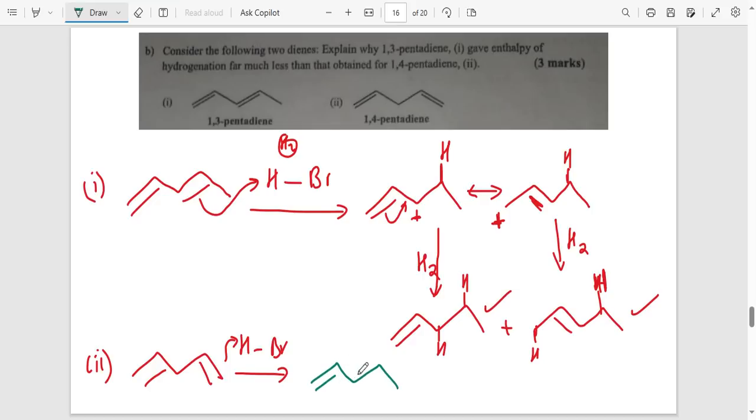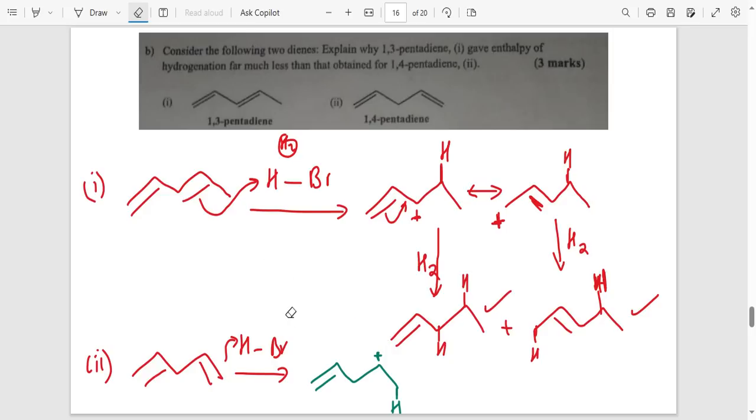This one will still be there. Now the double bond wants to form the carbocation that is as stable as possible. So the hydrogen will attach at the end so that we form at least a secondary carbocation, because if the hydrogen were to attach here, the positive charge would be here, and that is very much unstable.